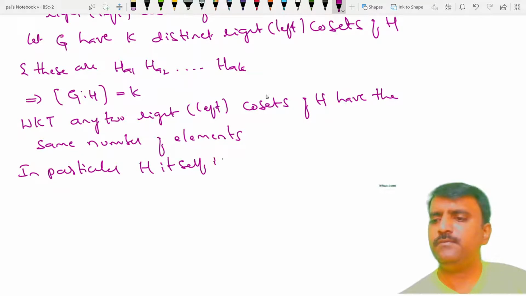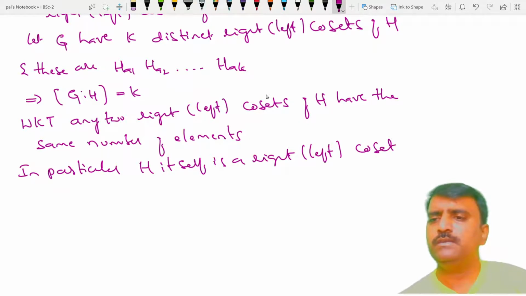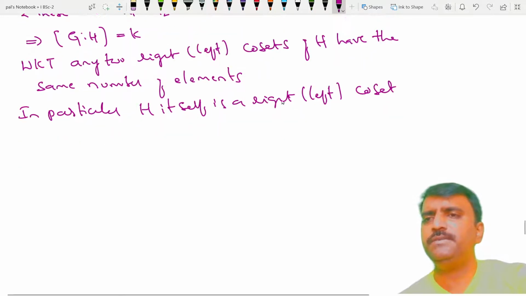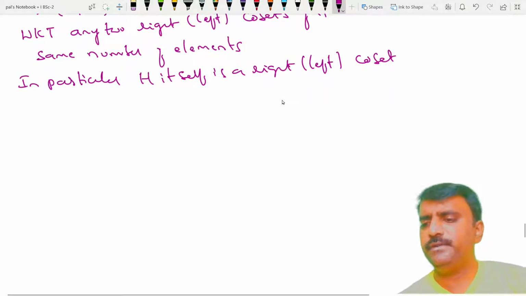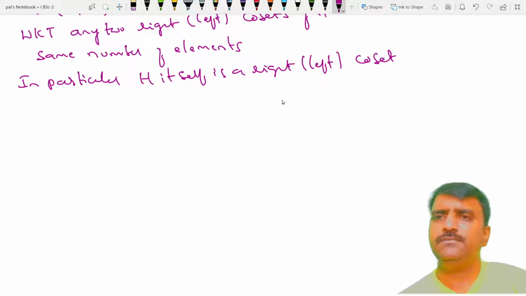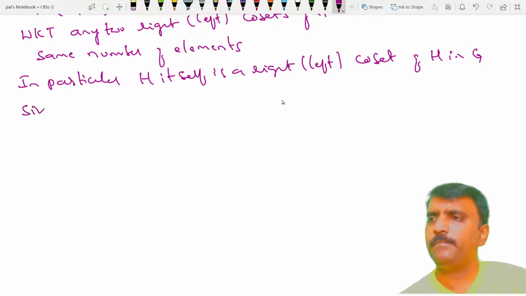H itself is a right coset. H itself is a right or left coset. So how many elements does it consist of? It consists of m number of elements. Right coset of H in G, so you can take right or left. Since the order of H is m, that means it consists of m number of elements.